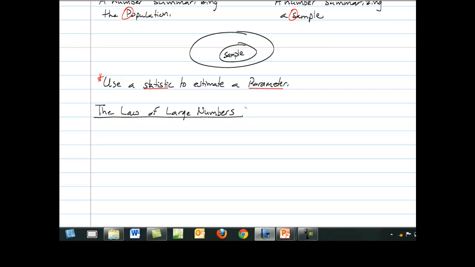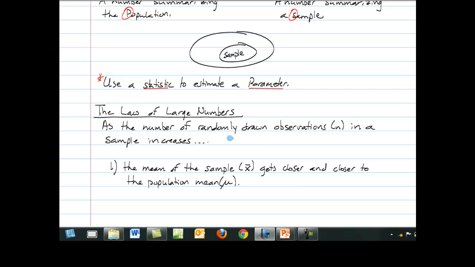So the law of large numbers basically says, as the number of randomly drawn observations of sample size n increases, we can get a lot of good information about the population from which it was drawn. Now the law of large numbers has important implications in gambling, of course, because we would talk about whether a casino can make money or not, and also with the insurance industries, and not just health care but auto and life insurance as well. So let's go ahead and write out the law of large numbers and then talk about its implications.